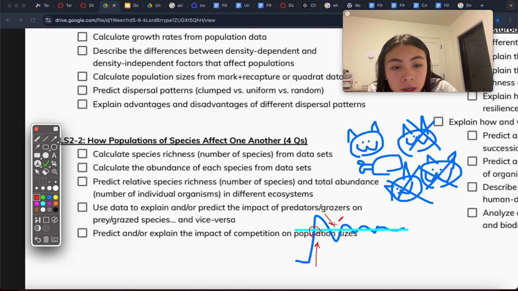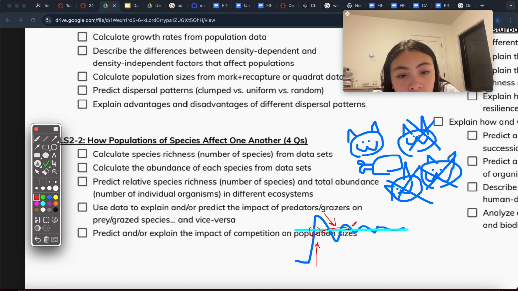They crash because they overconsume their resources. So now they don't have enough to support the population, so they'll crash and go back down, but then they'll eventually recover. Now they're under the amount of available resources, so they can still come back. And then it usually evens itself out over time.